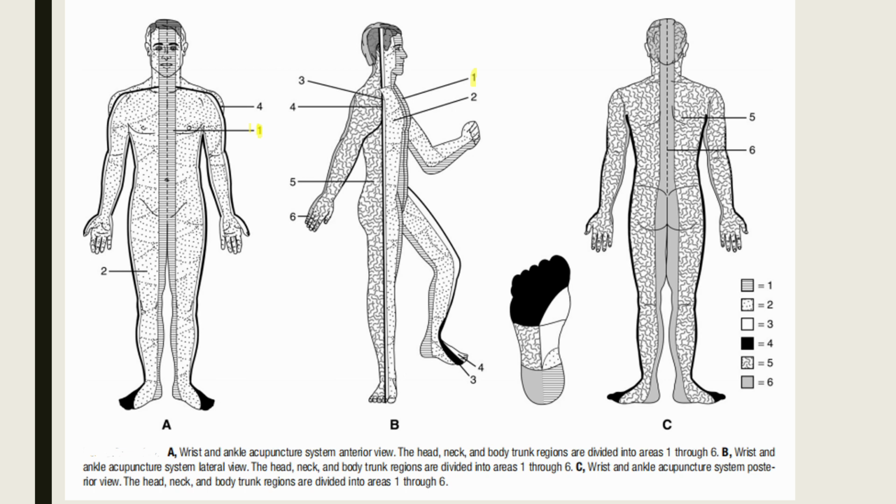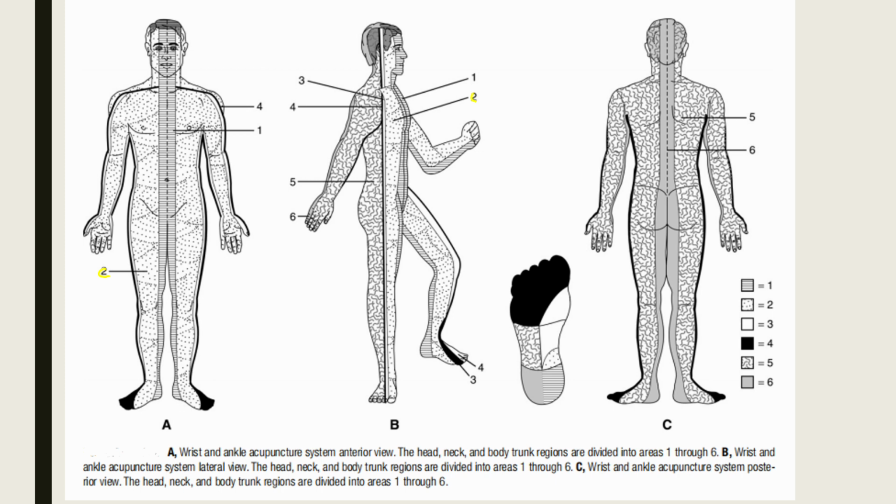Area 1. Central area that is bilateral from the anterior midline that includes the forehead, eye, nose, tongue, esophagus, trachea, heart, abdomen, and perineum. Area 2.